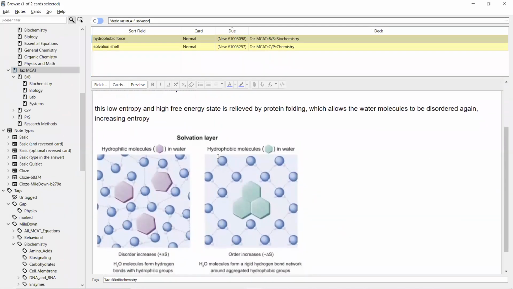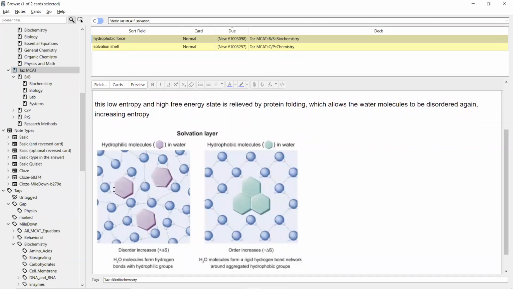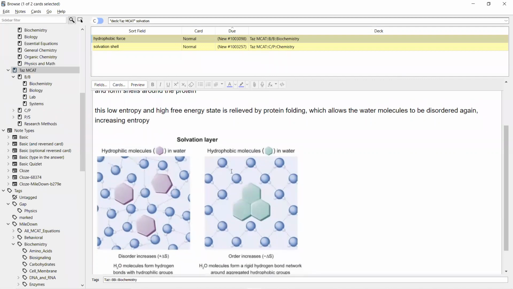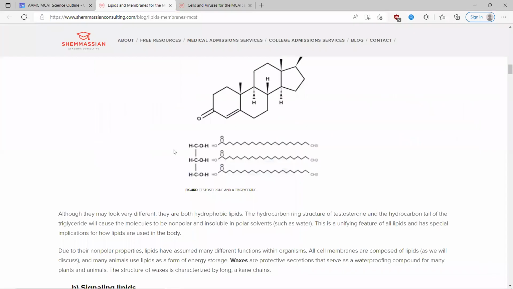We talked about how if a hydrophobic molecule is in water, the aqueous liquid around it has less freedom because it can't interact with that hydrophobic molecule, so that increases the rigidity of the water around it. So this is why long carbon chains are hydrophobic: the water around them can't interact with them as well as it could with something hydrophilic.